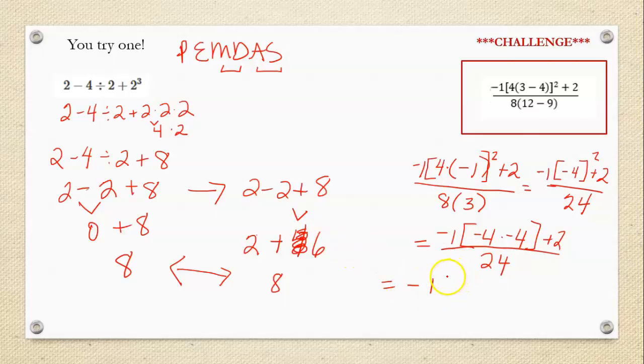Negative 4 times negative 4 is a positive 16 plus 2 over 24. Now we're doing multiplication, so negative 1 times 16, negative 16 plus 2 over 24. Negative 16 plus 2 is negative 14.